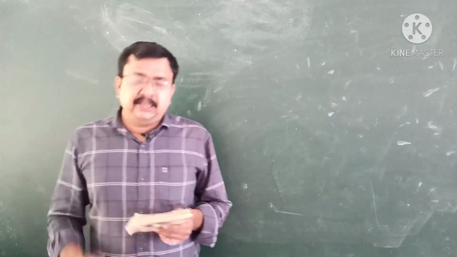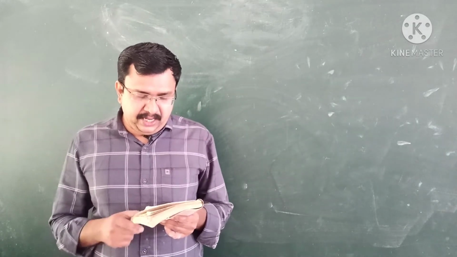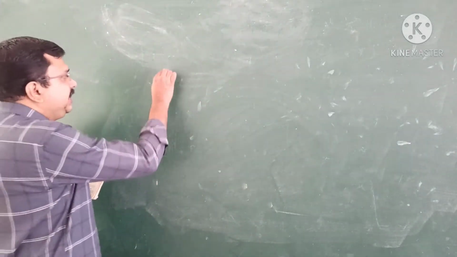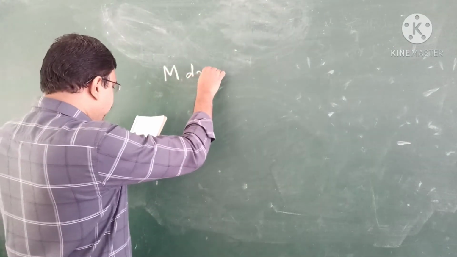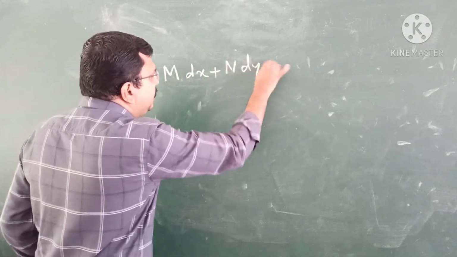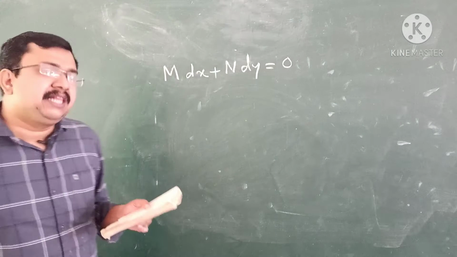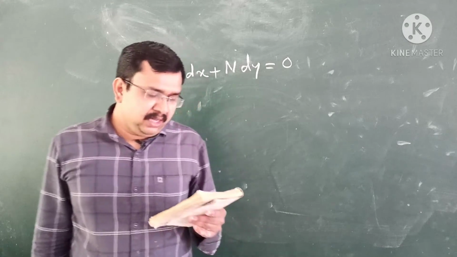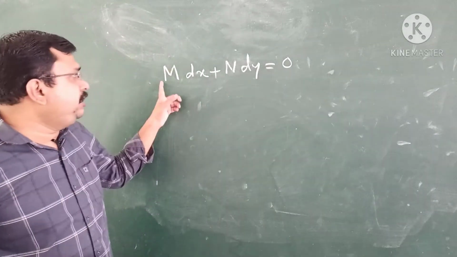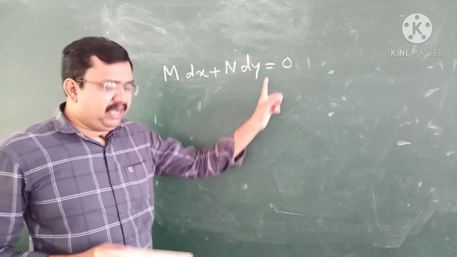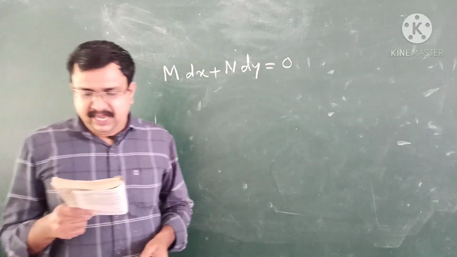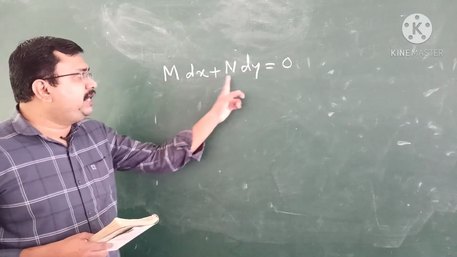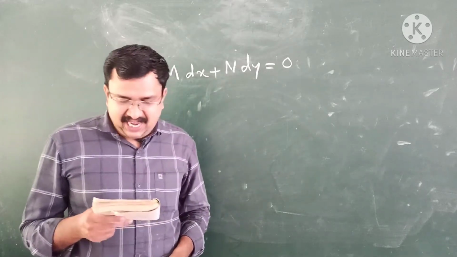Remember that the most general form of an ordinary differential equation of the first order and first degree is M dx plus N dy equal to 0, where M and N are any functions of x and y.